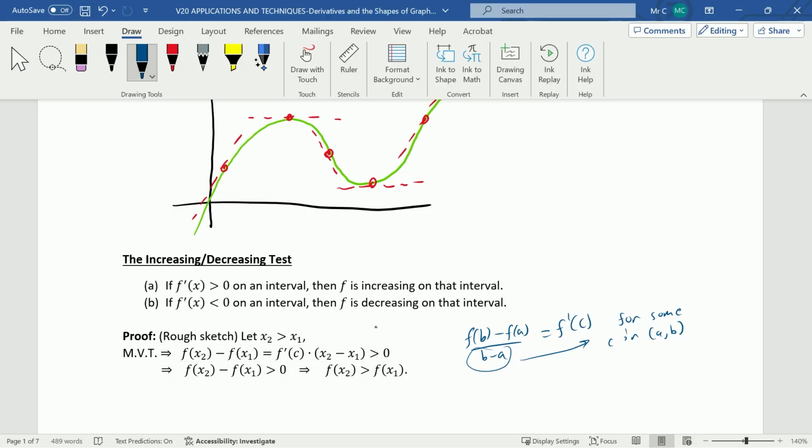What happens if we assume that x2 is greater than x1 and apply the mean value theorem? Then you get f of x2 minus f of x1 equals f prime of c times x2 minus x1.